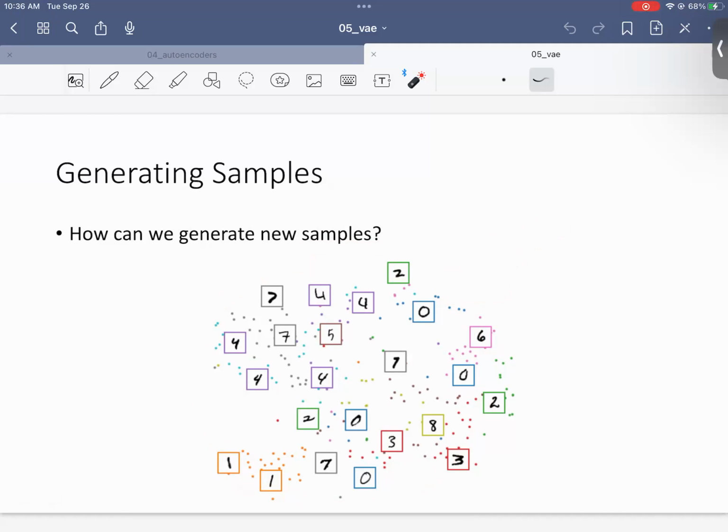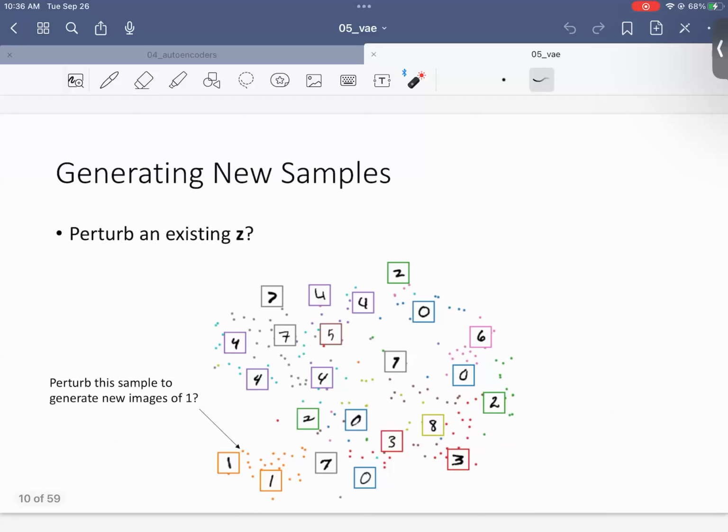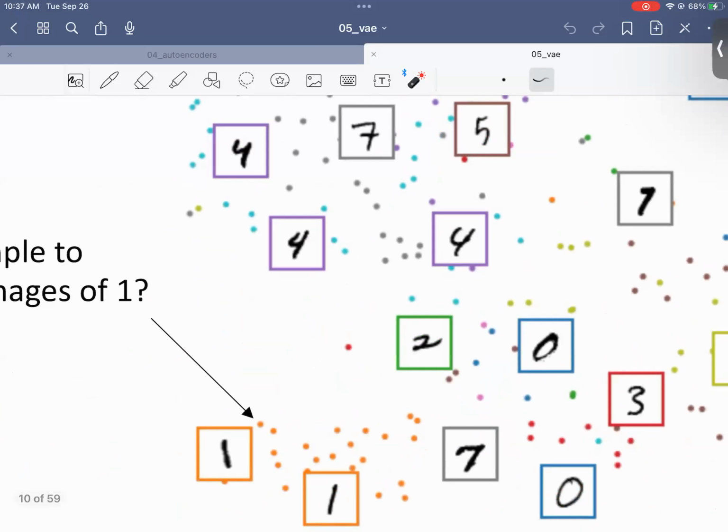The actual latent space of the autoencoder with latent size 4 doesn't exactly look like this. This is just a projection to the 2D space. But anyhow, once we know that, can we somehow generate new samples? For example, one simple idea could be: if you wanted to generate a new sample of digit 1, then what you can do is pick one actual sample here.